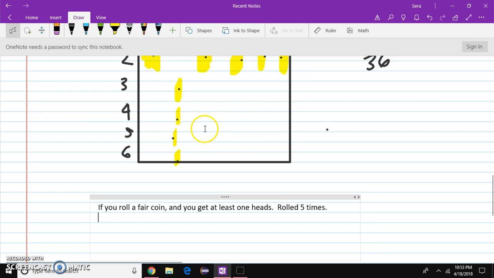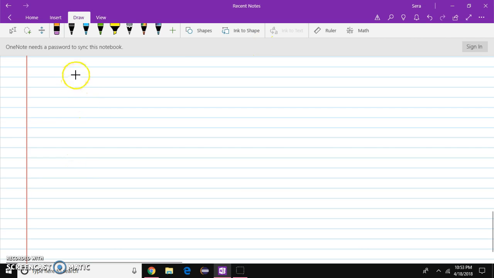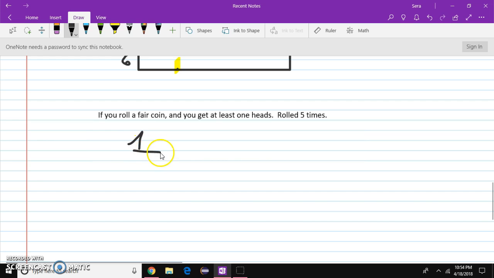So let's find the probability of it being, sorry, not this, all of it just being tails. None of them are heads. So how many possibilities are there? It's one out of many solutions.